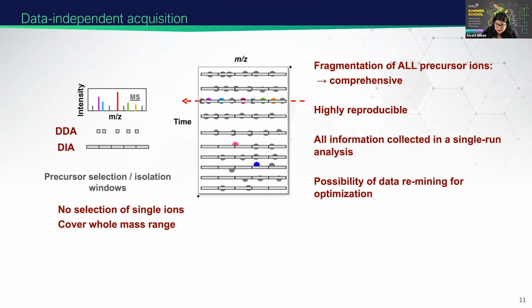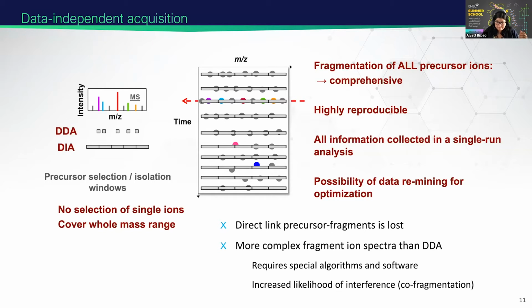In this way, it's comprehensive, it's highly reproducible, and, as I said, all the information is collected within a single run, and there is the possibility of data remining for optimizing the results. The disadvantages are that the direct link between the precursor and fragment is lost, and the data is much more complex.